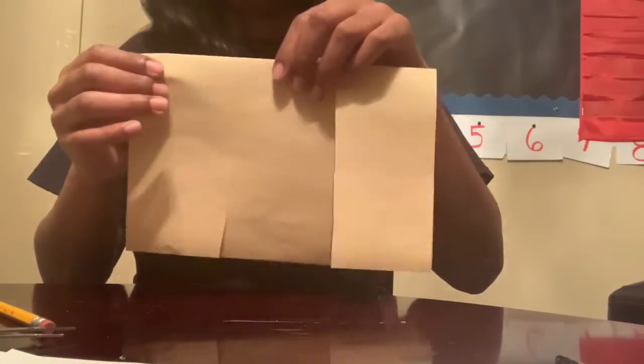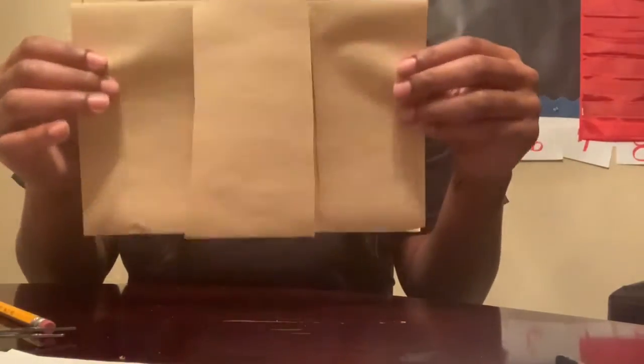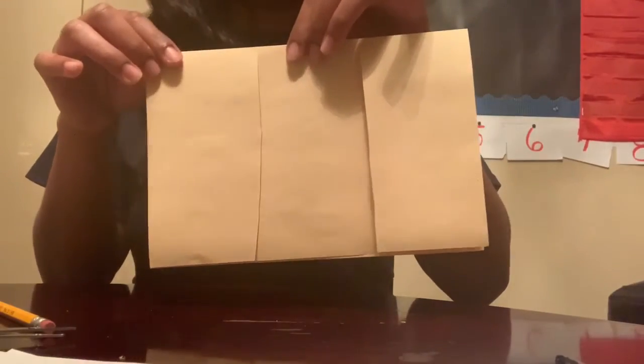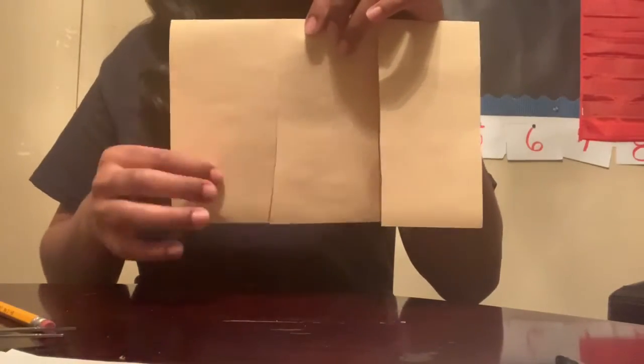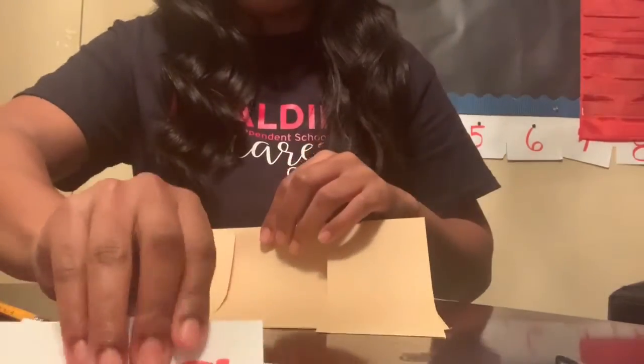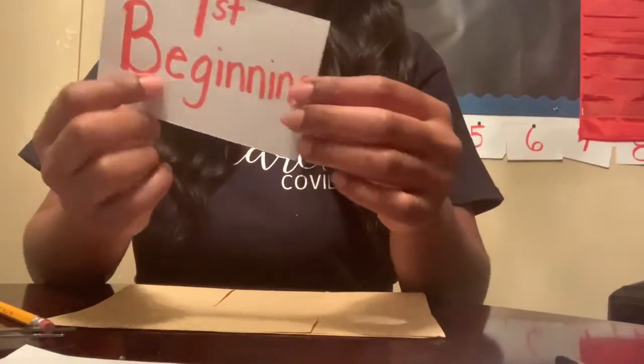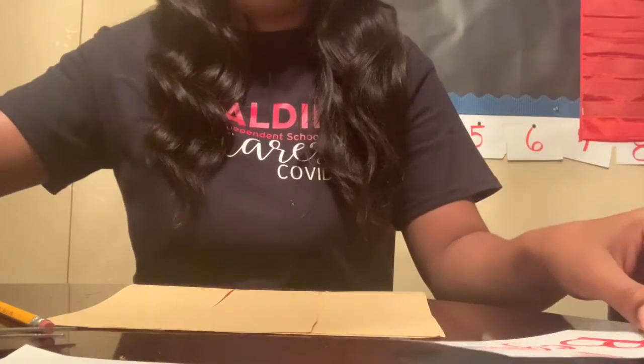Now on the flaps, remember I told you we're making a sequencing chart, okay? So we're going to be using beginning, middle, and end, the vocabulary that we went over, okay? So on the first flap, you're going to write the letter B, okay? B for beginning, because beginning begins with B, okay?